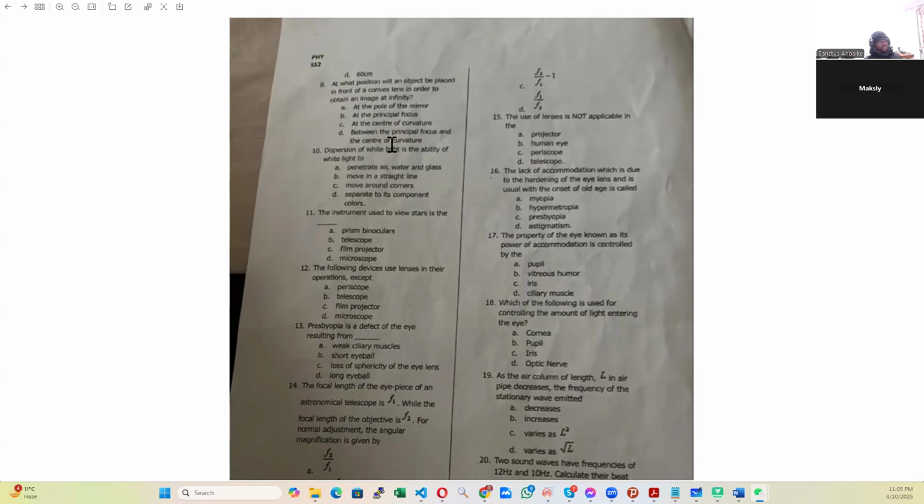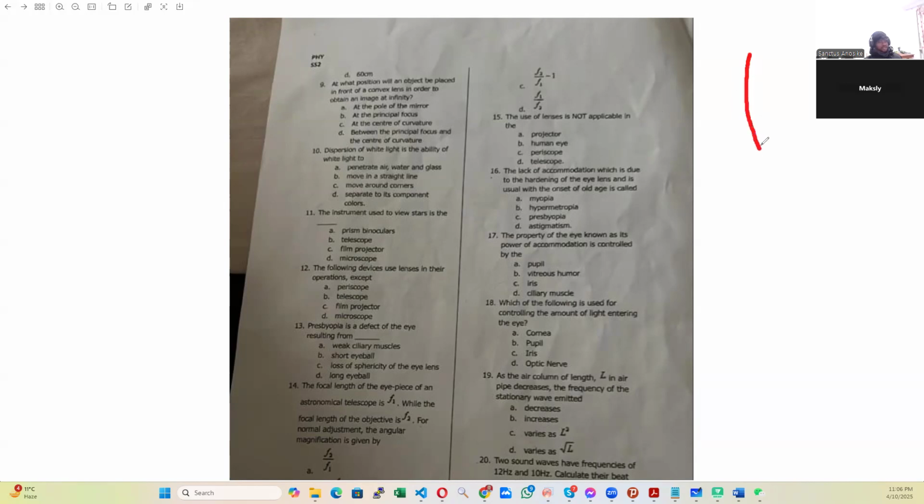Don't you know where the center of curvature is again? No. That one, C, is not the center of curvature. The optical center is C. Do you understand what I mean?